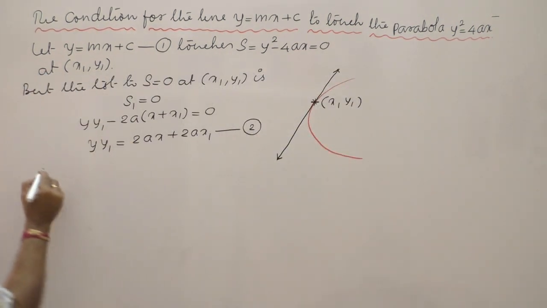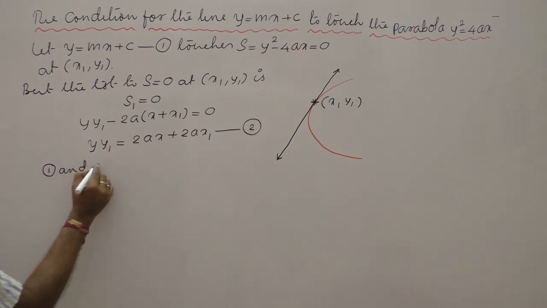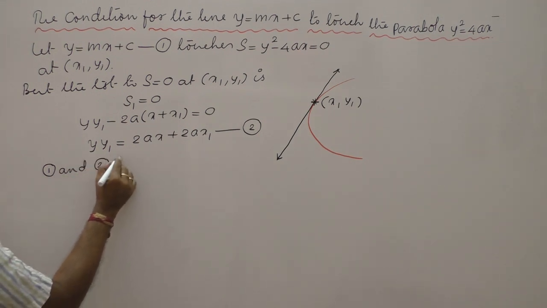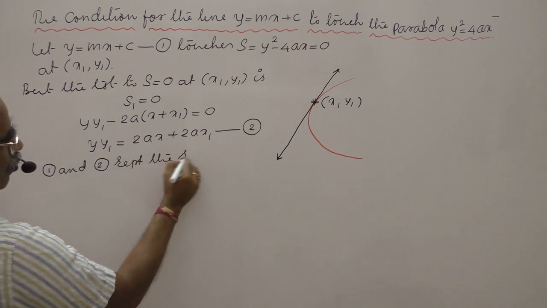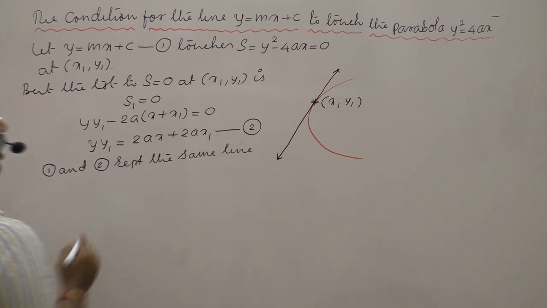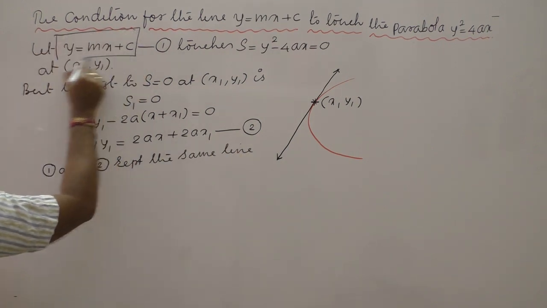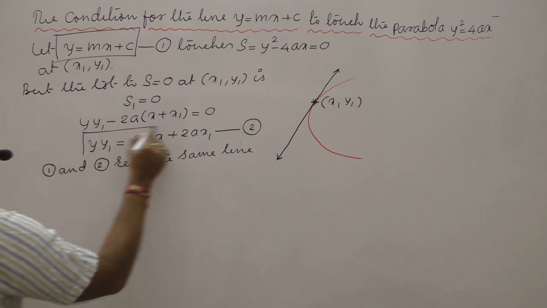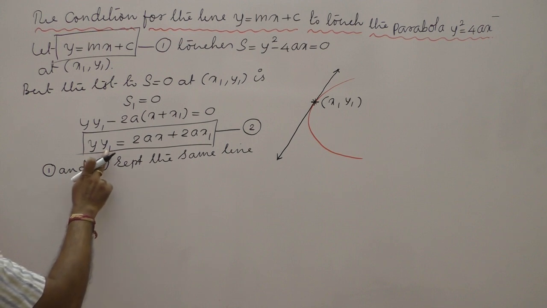Therefore, equations 1 and 2 represent the same line. Since equation 1 and equation 2 represent the same line, the ratio of the coefficients should be the same.